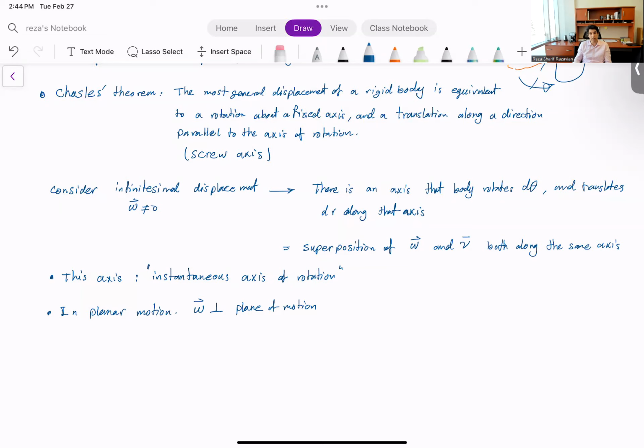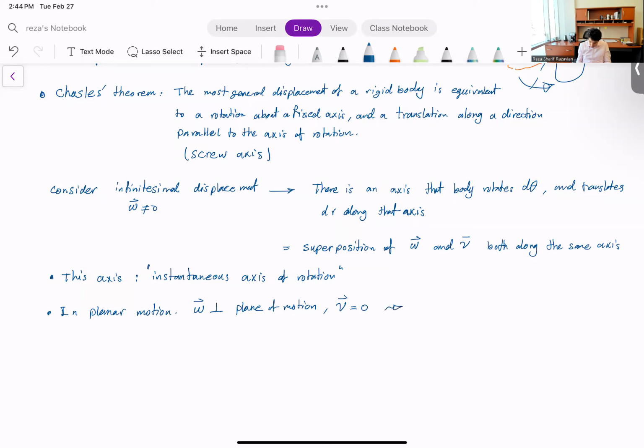And note that this v may exist or it could be zero. So in that case, this superposed velocity v out of plane in a planar motion is zero. Let me write it down.